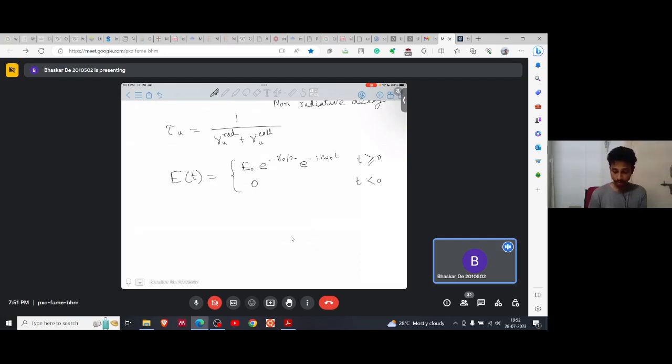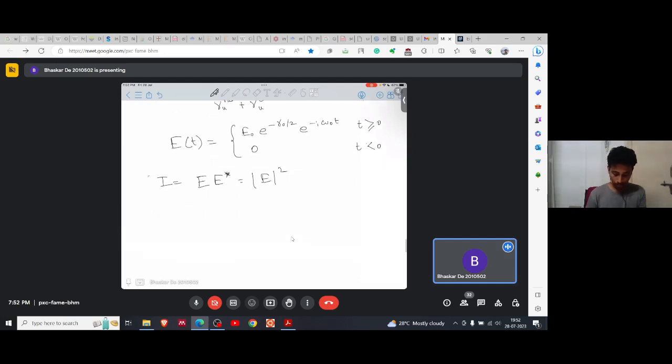So why is this written as e to the power minus gamma naught by 2? Because the intensity of this electric field will be E times E star, or we can say modulus of E square. E will be E naught e to the power minus gamma naught by 2 t, e to the power i omega naught t. This is the oscillating part of the electric field, as you know the electromagnetic wave has a certain oscillation.